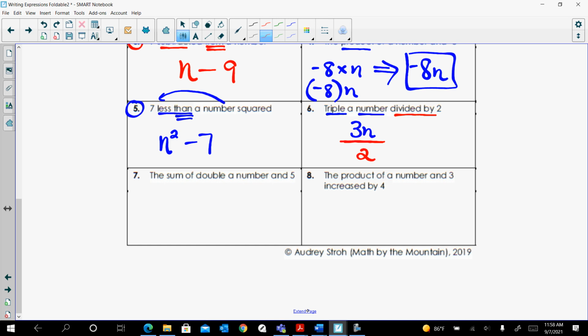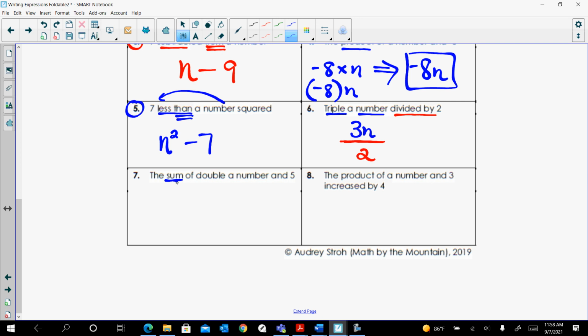All right, 7 says the sum of double a number and 5. What are the keywords? Sum is important.